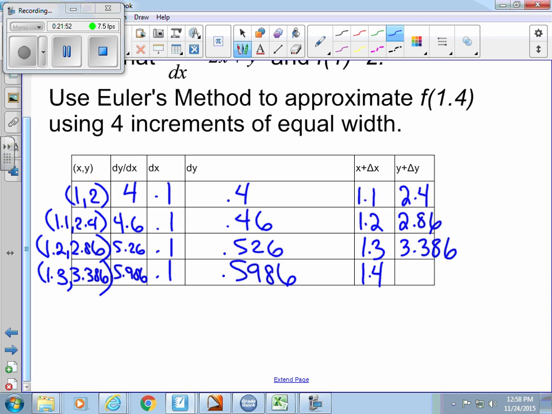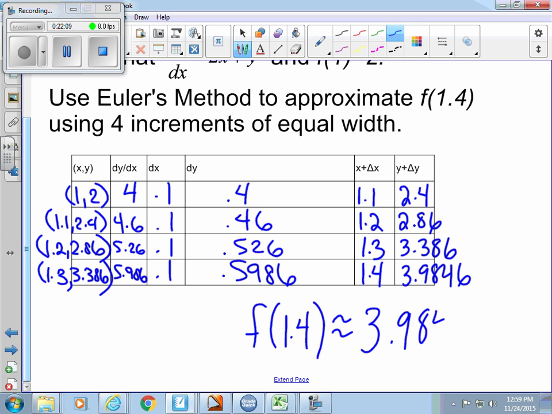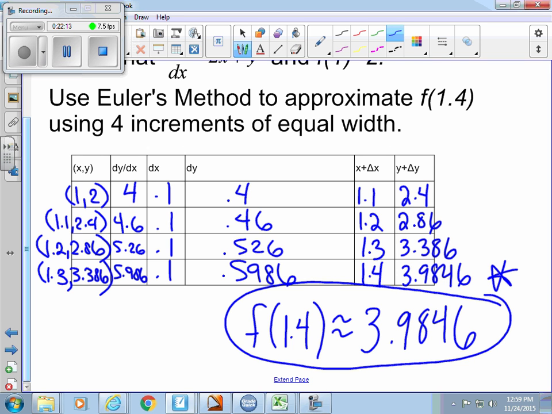And plug in, or add 3.386 plus 0.5986, and what do you get? That is how you do Euler's method. Okay, any questions about that?